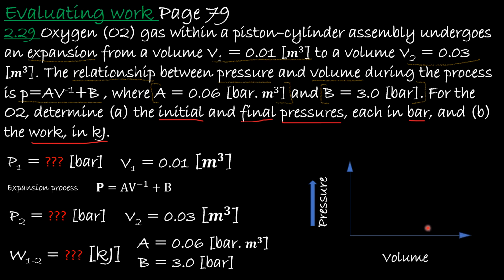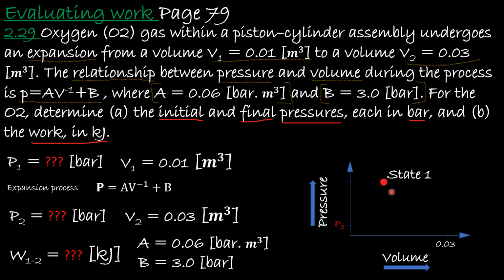We're going to draw what we have, so we can have a better idea of what we are dealing with. So pressure 2 will be lower, because when expansion happened, the pressure decreased. And volume is 0.03.